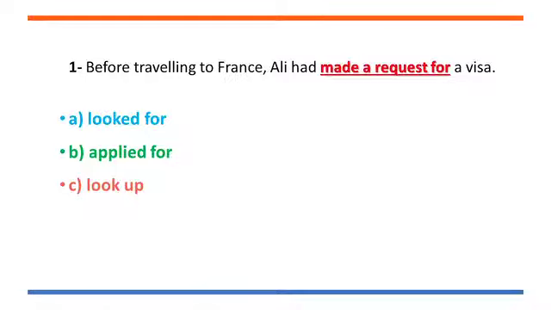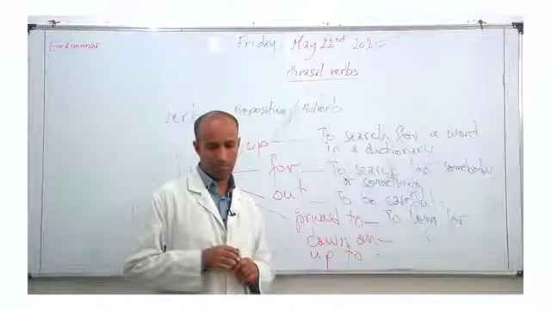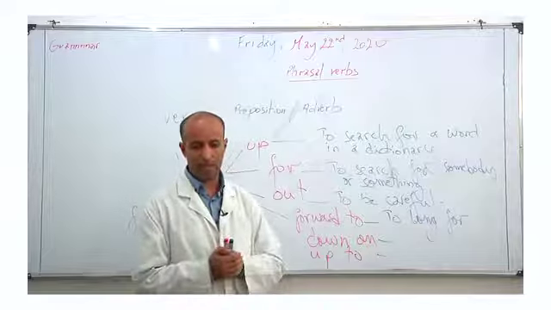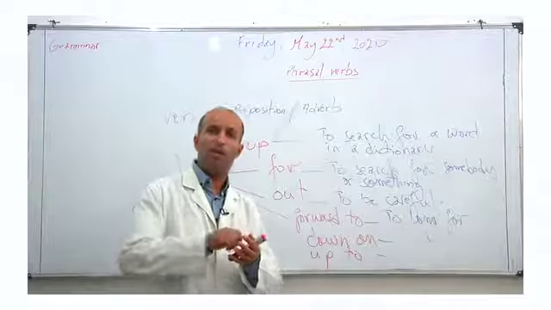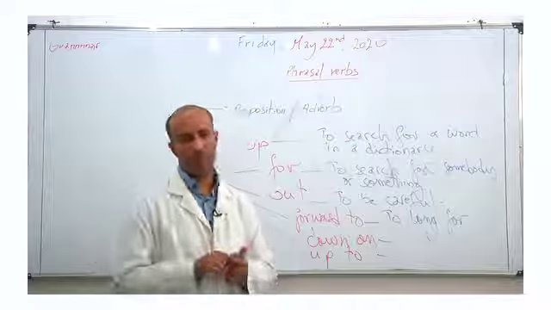So you have A, B, or C. So the answer is B, applied for. Before traveling to France, Ali had applied for a visa. He wrote an application for the visa.